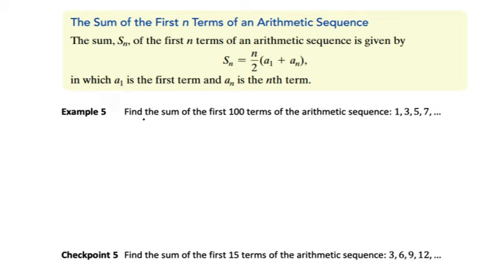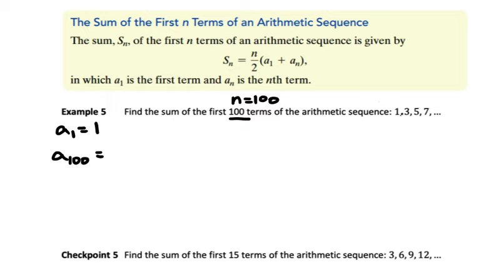So in example 5, we're asked to find the sum of the first 100 terms of the arithmetic sequence 1, 3, 5, 7, etc. So I want to find the sum of the first 100 terms, which means that n is 100. And I can pretty easily identify my first term, a sub 1 is 1. Now, in order to use this formula, I need to know the value of the 100th term, a sub 100.